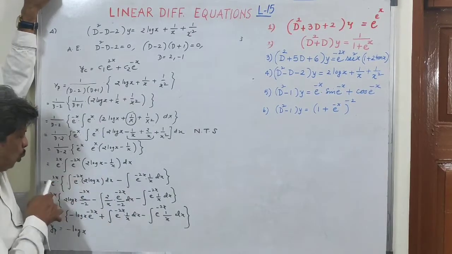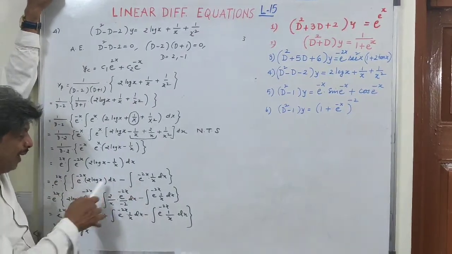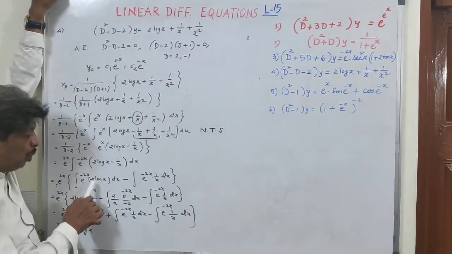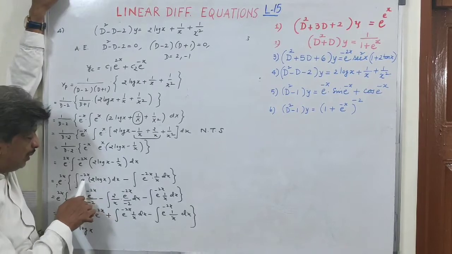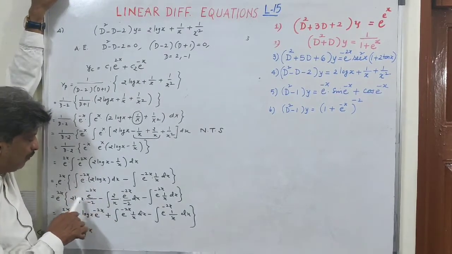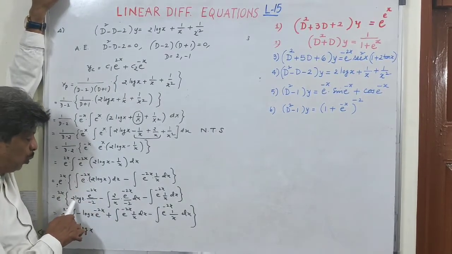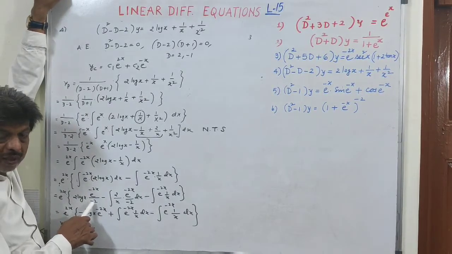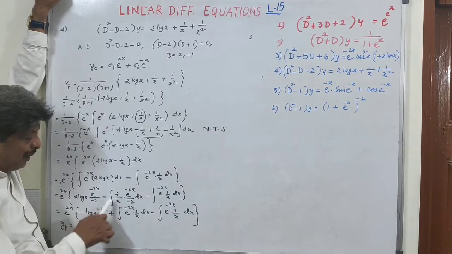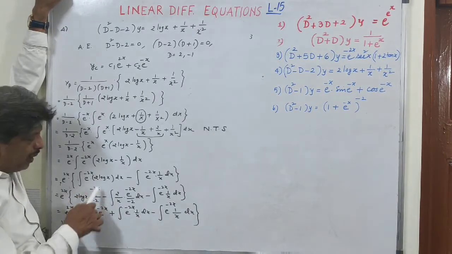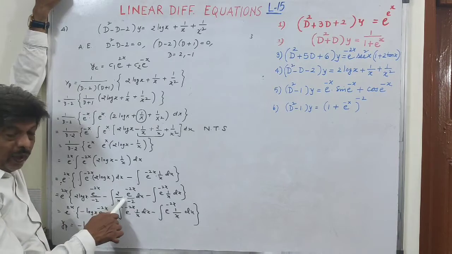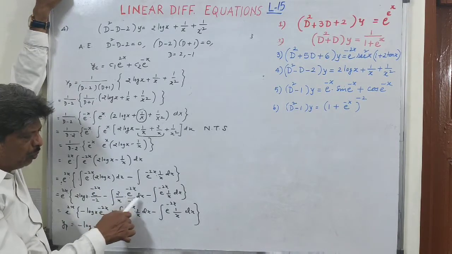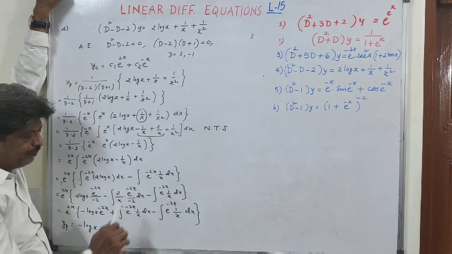I am splitting it into two different integrals, integrating the first integral by parts, choosing 2 log x as the first function and e raised to power minus 2x as the second function. So first function 2 log x, integral of e raised to power minus 2x is e raised to power minus 2x by minus 2, minus integral of the derivative of 2 log x, which is 2 by x, into e raised to power minus 2x upon minus 2, minus the same term.